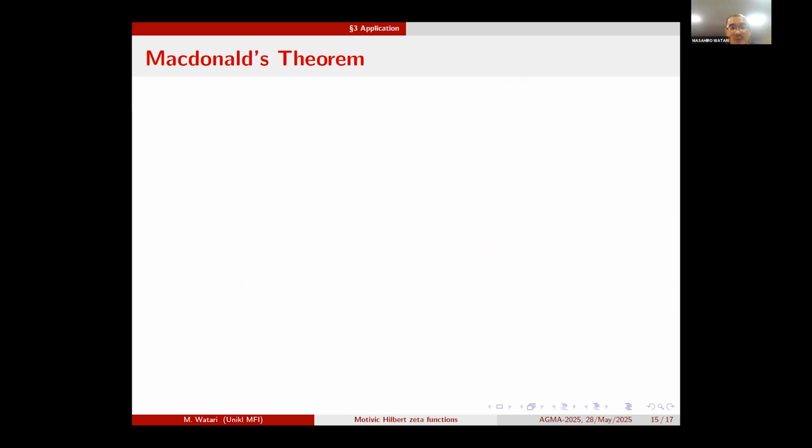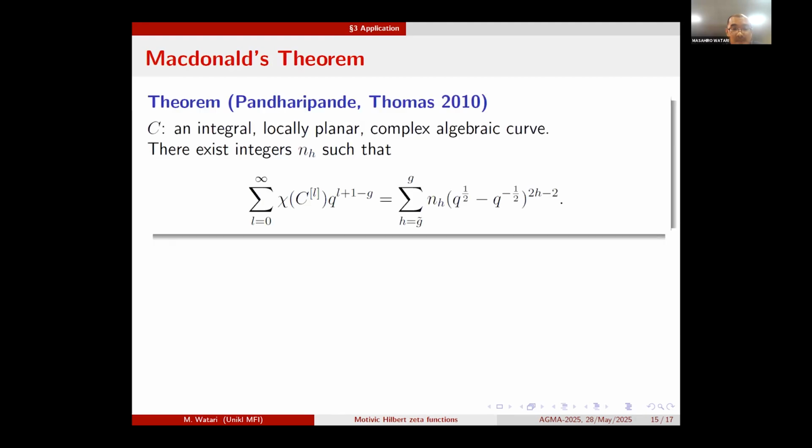Okay, next we come to an application of the Motivic Hilbert zeta function. Here is a theorem. Pandharipande and Thomas proved the following theorem. C is an integral locally planar complex algebraic curve. Then there exist integers which satisfy the following relation.